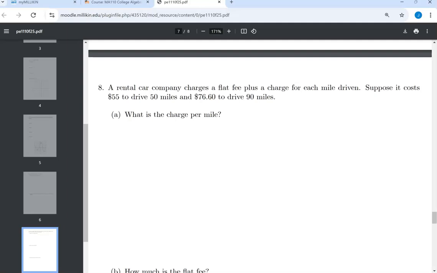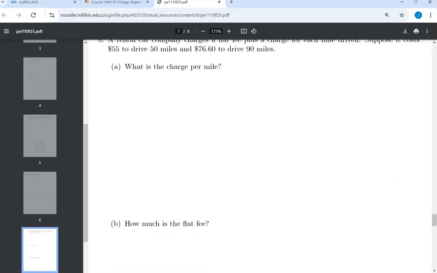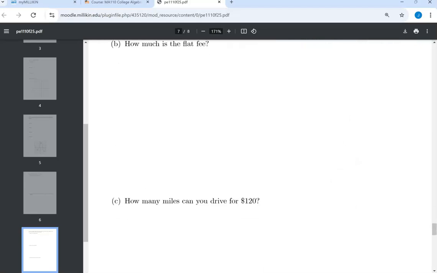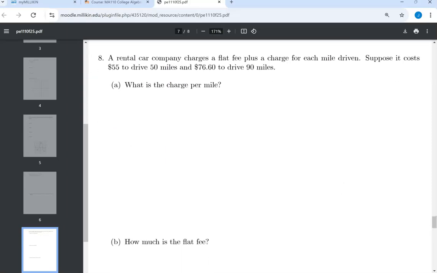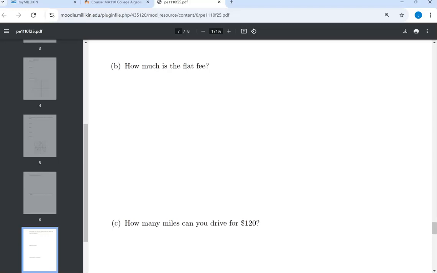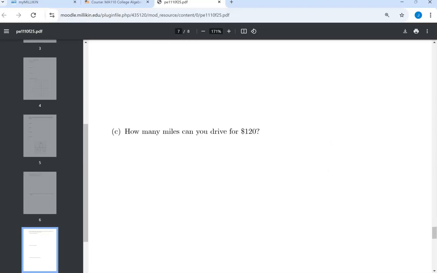So it'd be your slope. Notice in this case, part B says, what is the flat fee? That's asking for the y-intercept, right? Okay. And then finally, this last part says, how many miles can you drive for $120? Going back up here again, you're putting in miles and getting out dollars, right? So that's the y value, right? So you're solving for an x. Yep, exactly right.